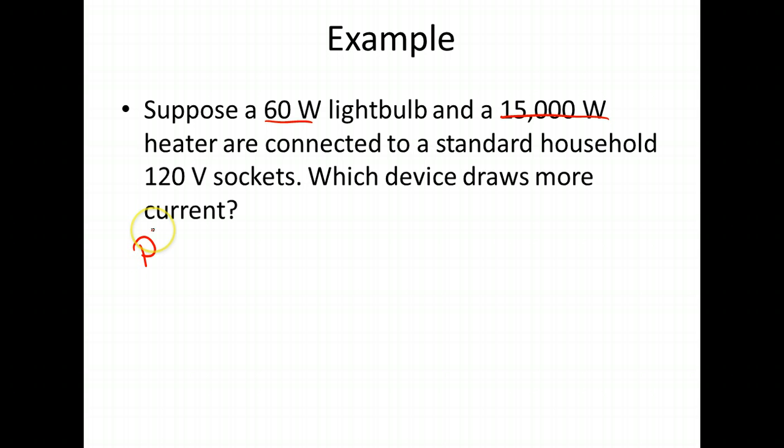And so I'm going to solve for the light bulb first. My power equals 60 watts. Right. What else do I know about this light bulb? Yeah, delta V. It's a 120 volt socket, right? Like a 1.5 volt battery. And so I know my delta V is equal to 120 volts. And what am I asking you to find? Yeah, current for each of them.